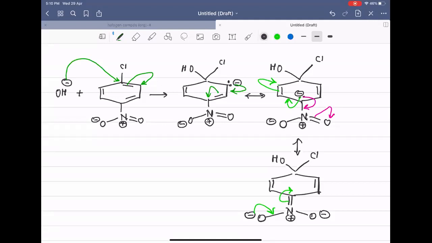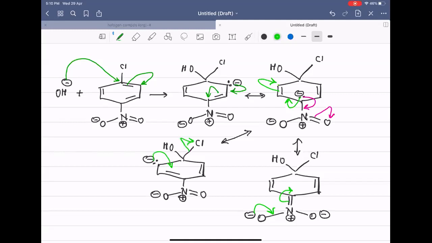So what you can have here is, now furthermore, this comes here and this moves out and you have your product.